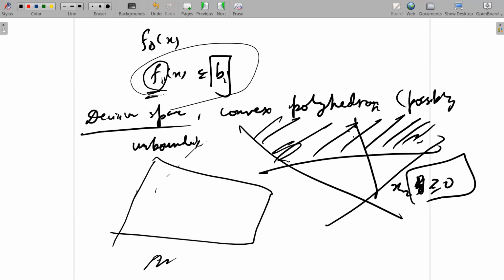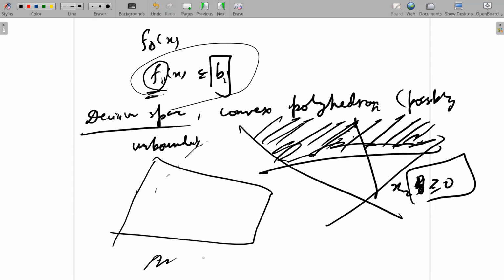The intersection of all these half spaces will result in a convex polyhedron. So the decision space will look something like a convex polyhedron, and the function you want to optimize will be linear. So you can very easily argue that whatever maximum or minimum will be attained will be at the boundary, or at infinity, if we want to call that the boundary also. In any case, you have the decision space and your objective function.